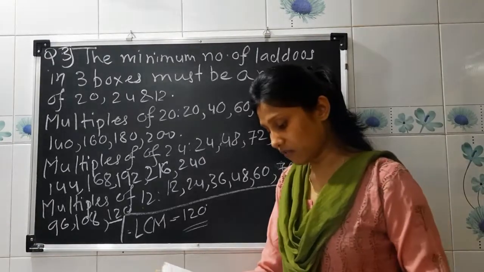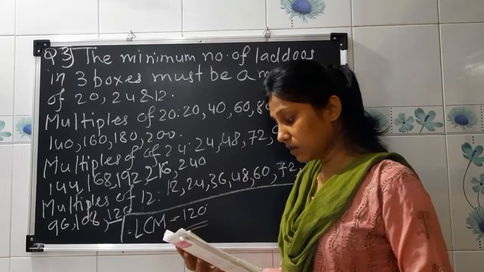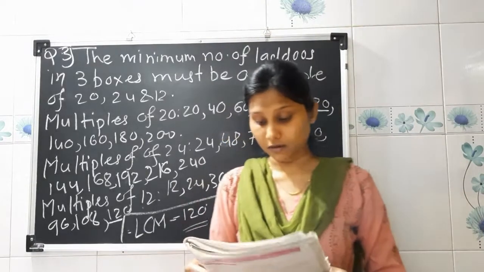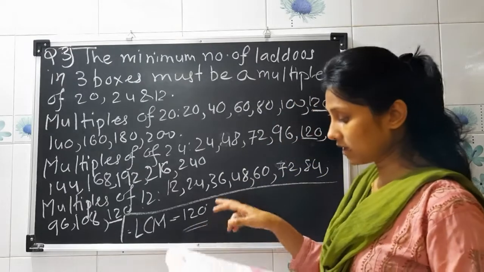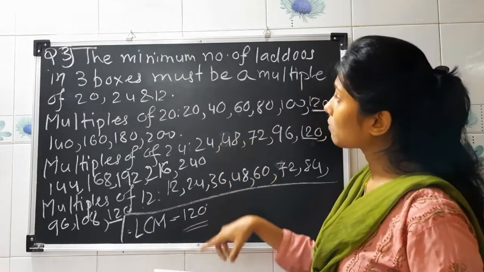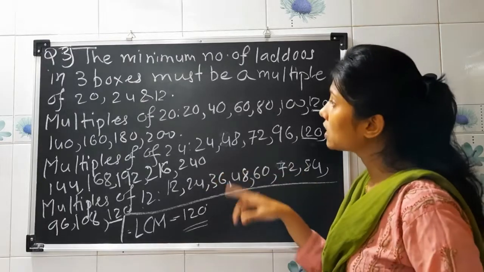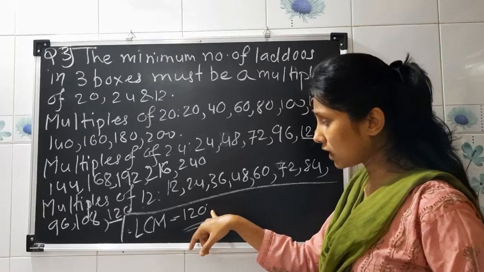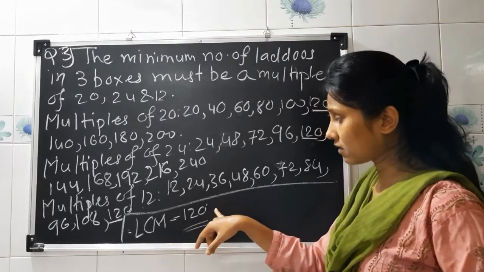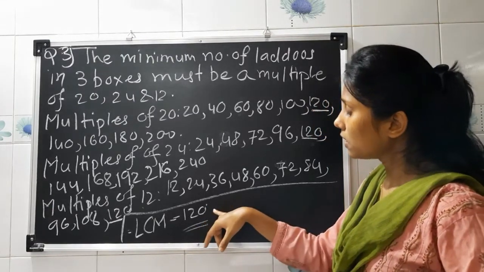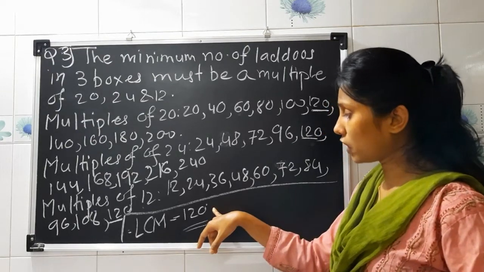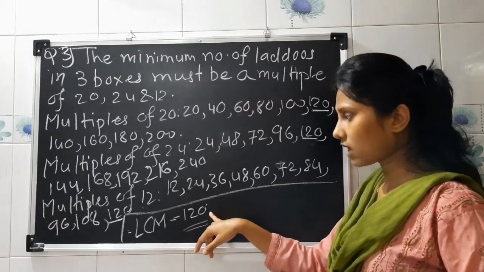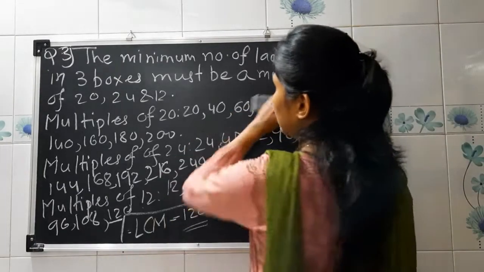In the question they have asked for the minimum number of laddus in the 3 boxes all together. So first we got the lowest common multiple, 120.